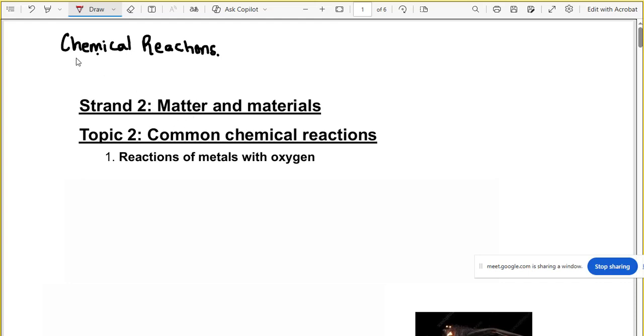So in chemical reactions, we have what we call a word equation. When I say word equation, these are reactions that we can express in words.